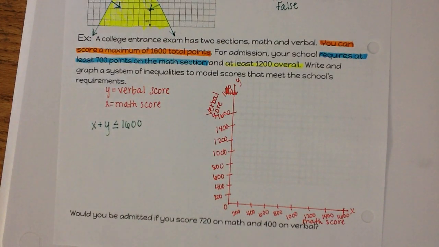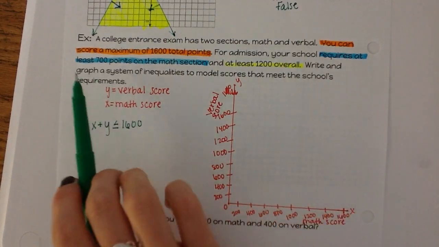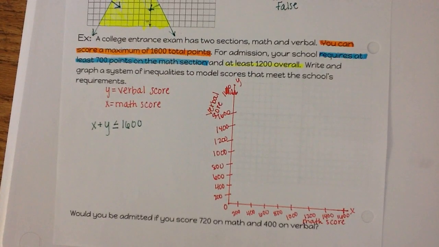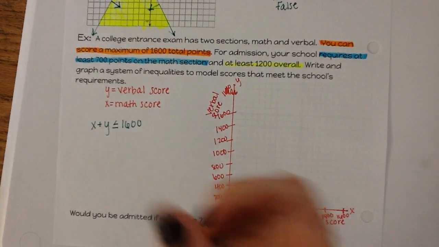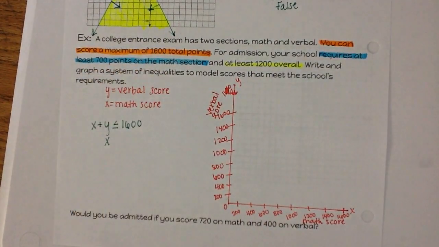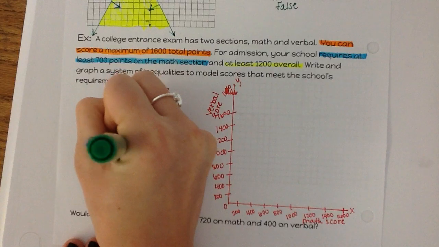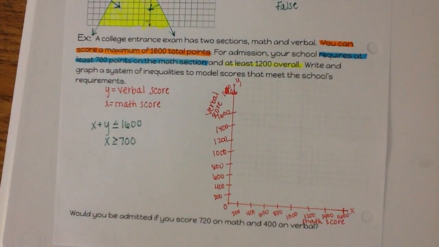The second one, we said that our school requires at least 700 points on the math section. So we have our math section, so the math score. If it's at least 700, we're going to have to be greater than or equal to 700. Okay, so we have 2, and we are going to have a third inequality.